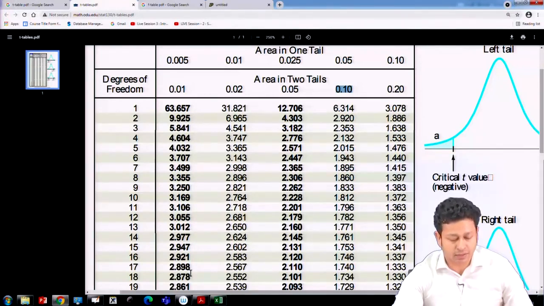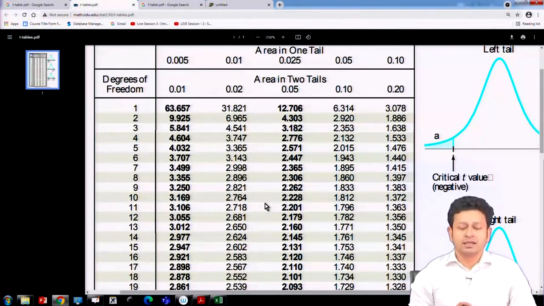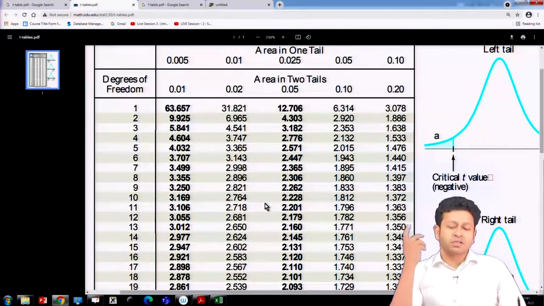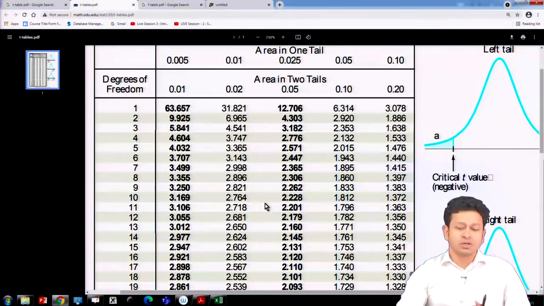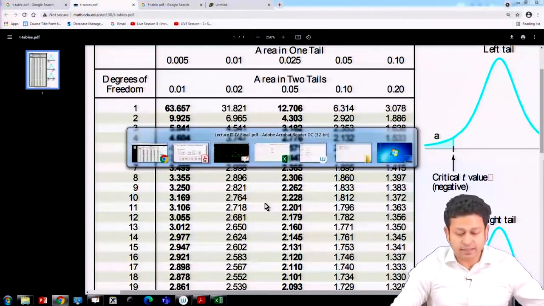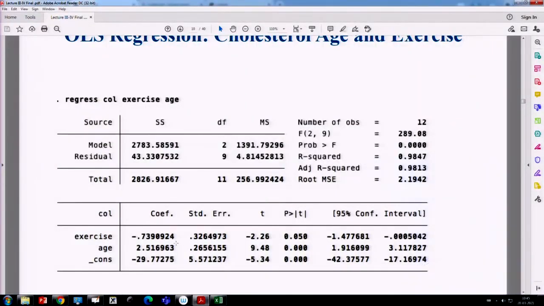The t statistic we observed, 2.26, is coming very, very close to 2.201. It could have been a little more, so we can say your p-value is approximately 0.05. It could be like 0.046 or something, but we don't have all these values, so we approximate it as 0.05.